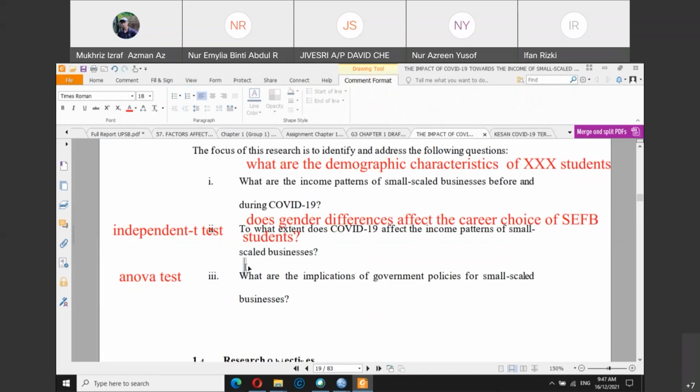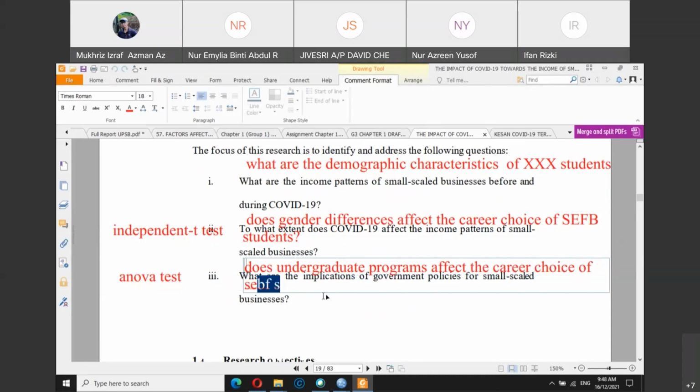What we need to do is specify, so let's say we want to look at: does the undergraduate program background affect the career choice of SAFB students?